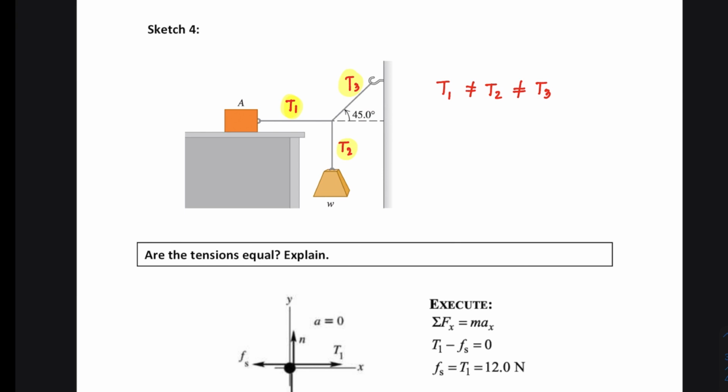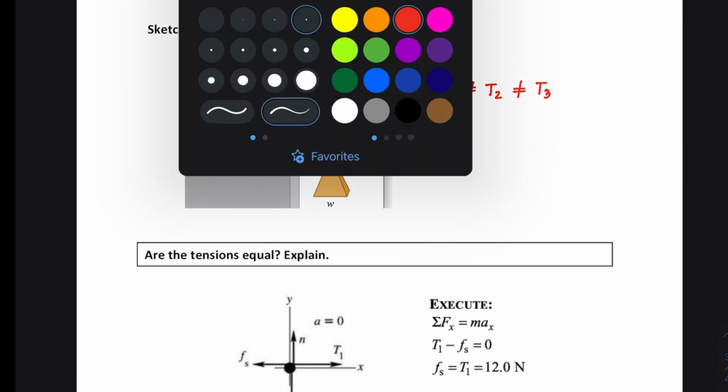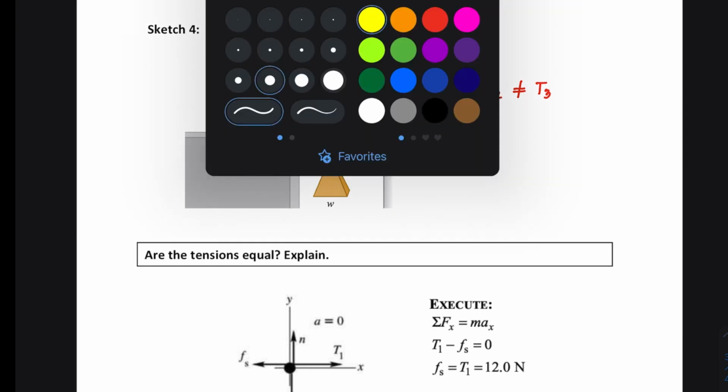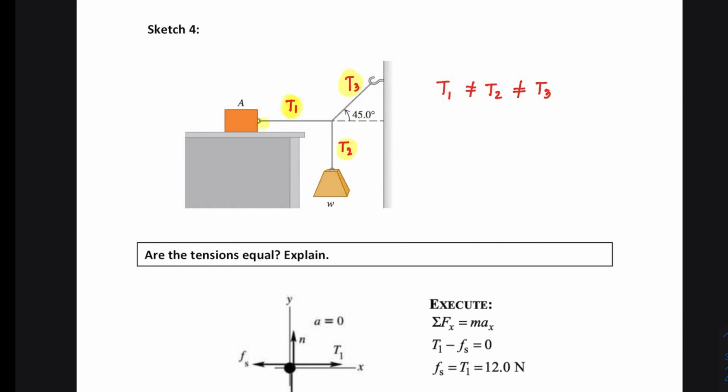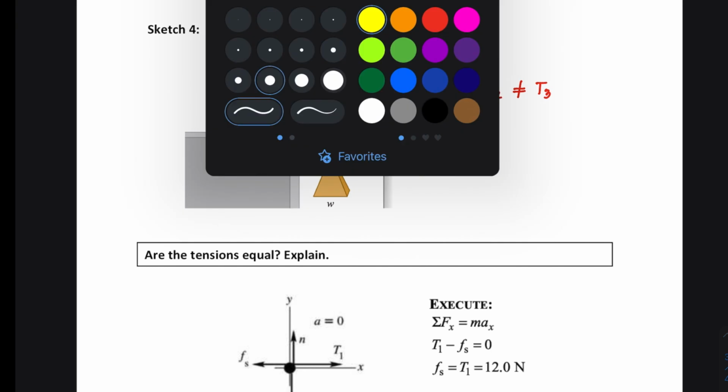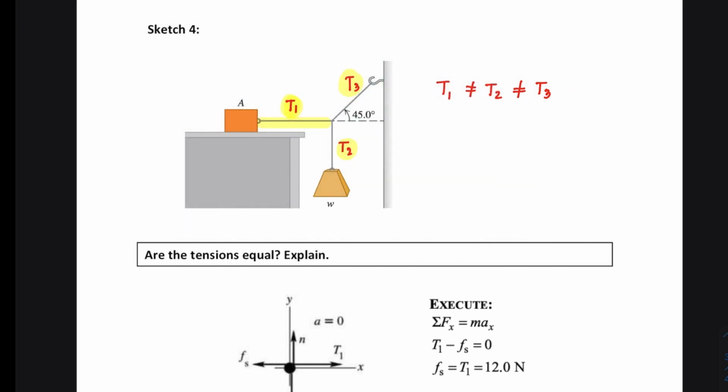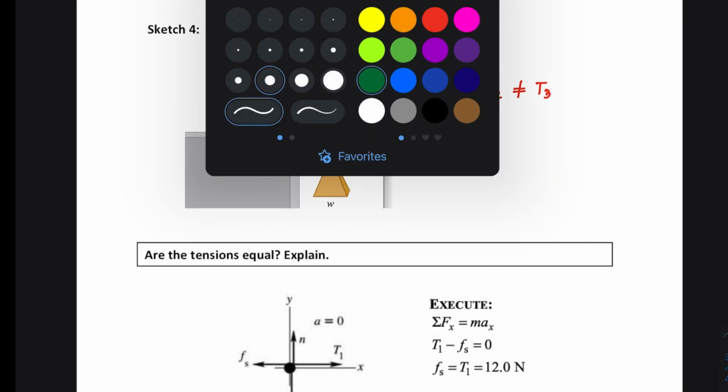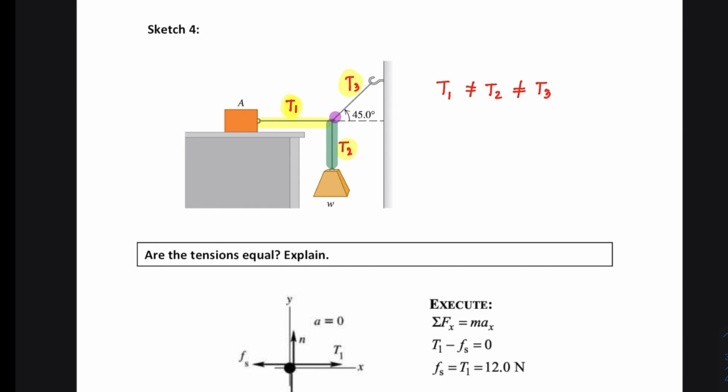Why? Because if you try to look into this one, let's try to use the highlight. This one over here is a different cord, or let's say that's a rope. So that's a different rope. And this one over here is another different rope. And this one over here is another different rope. So basically, you have three ropes interacting together at a certain point.